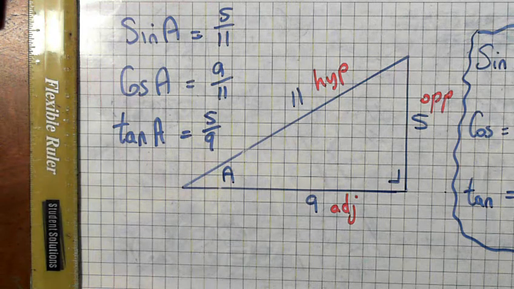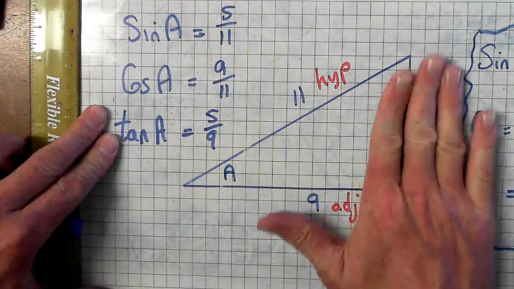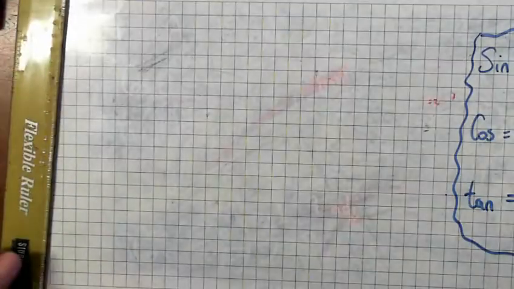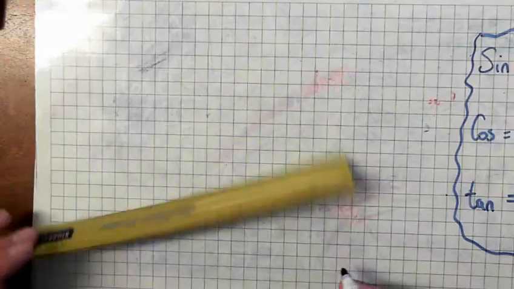Right, we'll try the next triangle. Next triangle, 12, 10, 8.